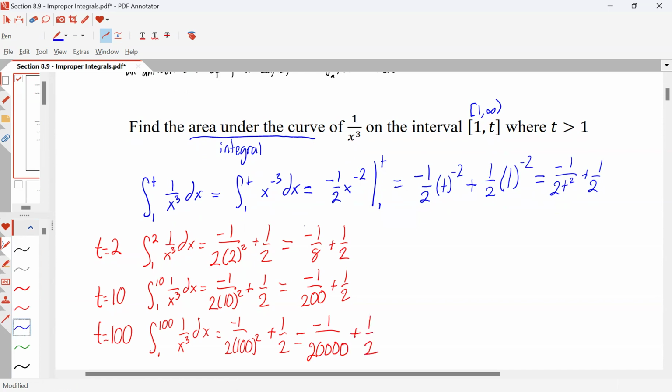This first fraction in each of these keeps getting smaller. So as t goes to infinity, the integral becomes closer and closer to 1/2.